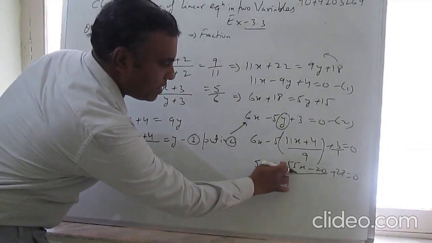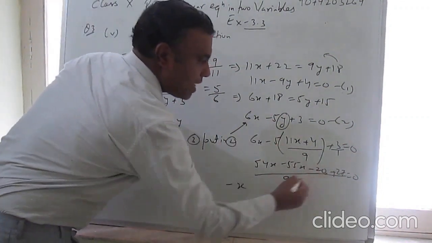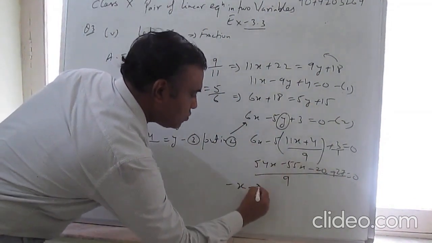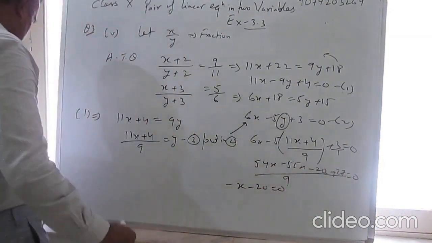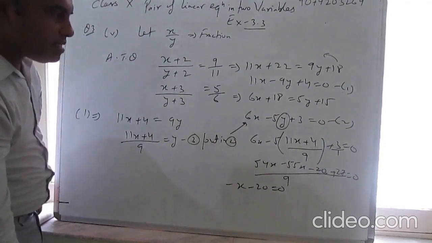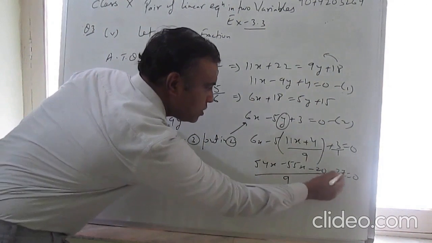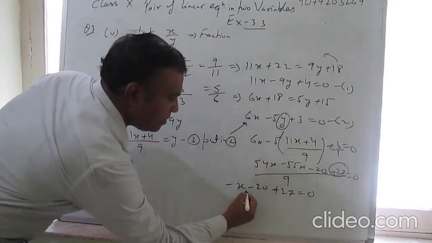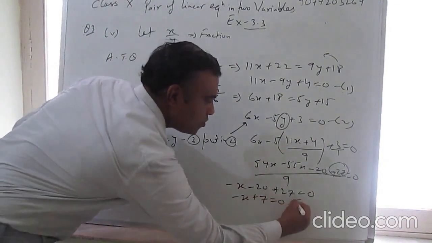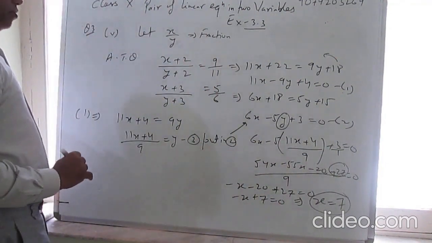So 54x minus 55x and minus 20 is equal to 0. So minus x minus 20 plus 27 also, this is 27, is equal to 0. It means minus x plus 7 is equal to 0. It means x is equal to 7. X is equal to 7.